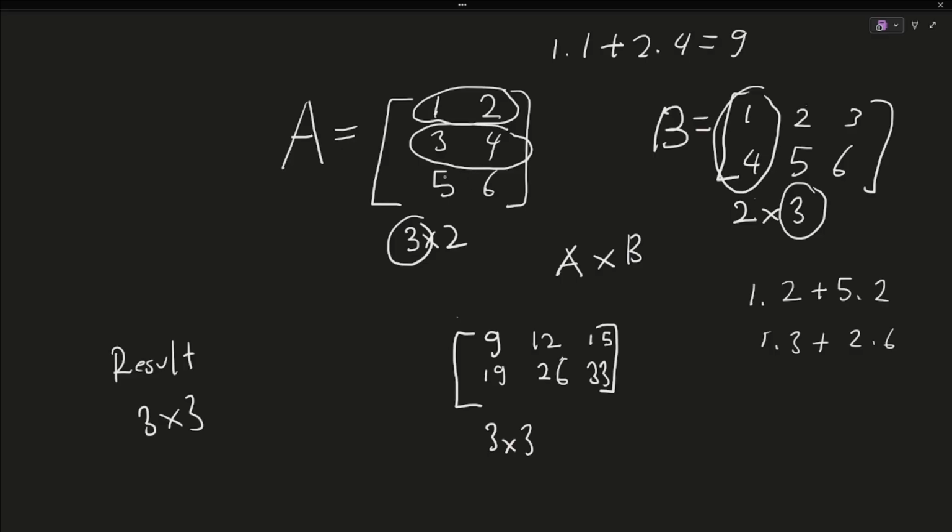And finally, we will take the 5 and 6 row and multiply with each corresponding column. So we will have 5 times 1 plus 6 times 4. That will be 24 plus 5, which will be 29. The third row times the second column will be 5 times 2 plus 6 times 5.